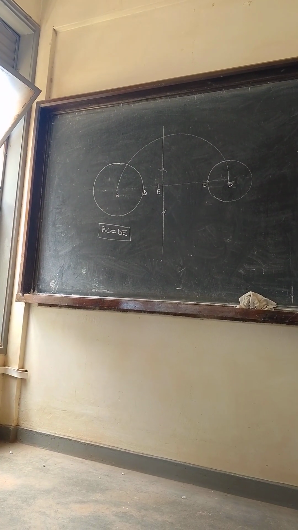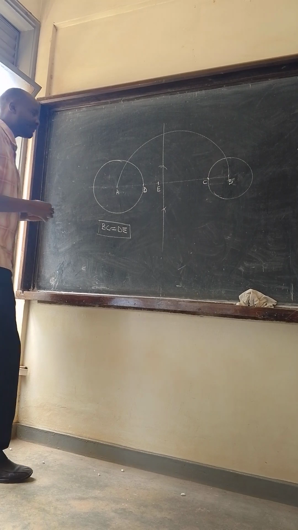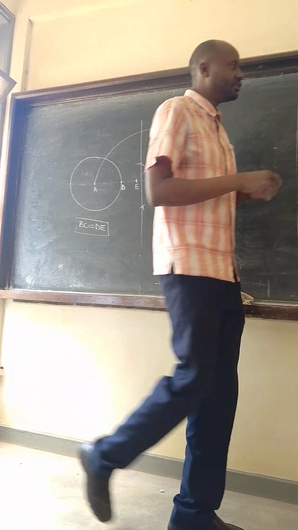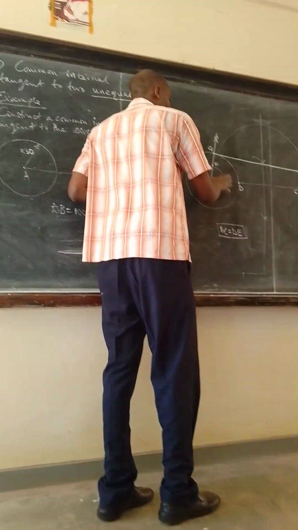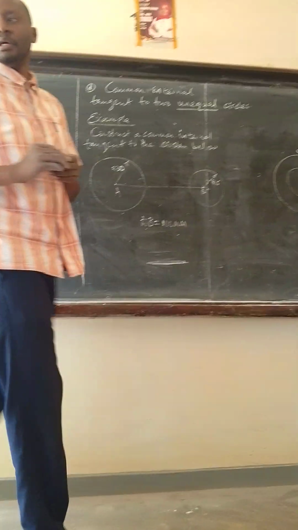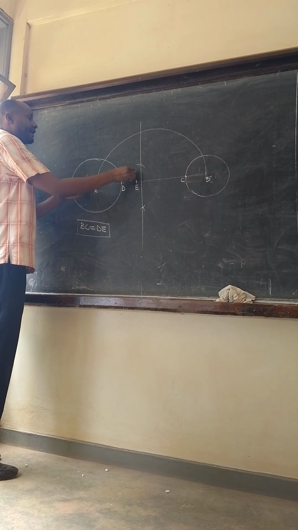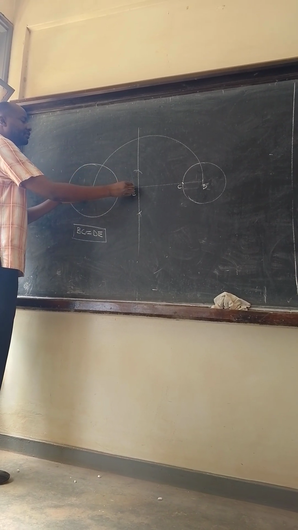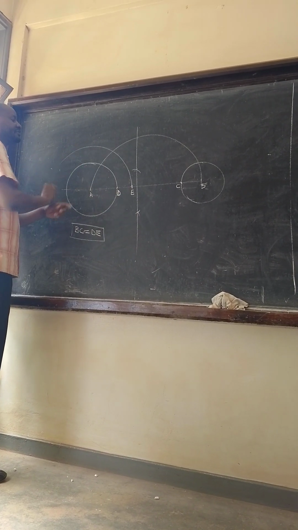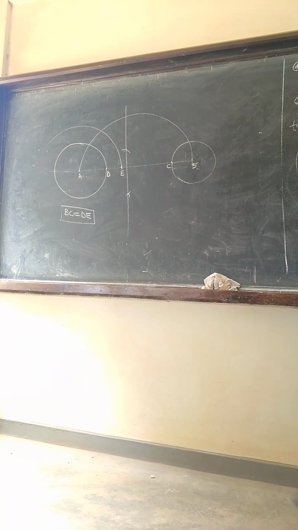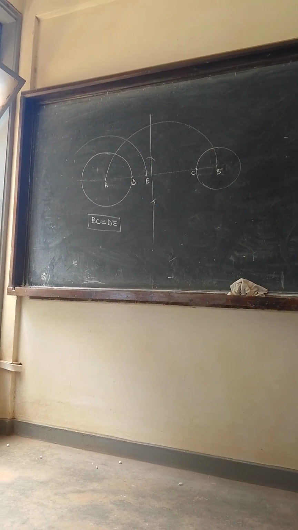Now, how do we use E? There, we use E to draw the circle. Here, we shall also use E, but we shall not need to complete the whole circle, so it doesn't look exactly the same and become confusing.